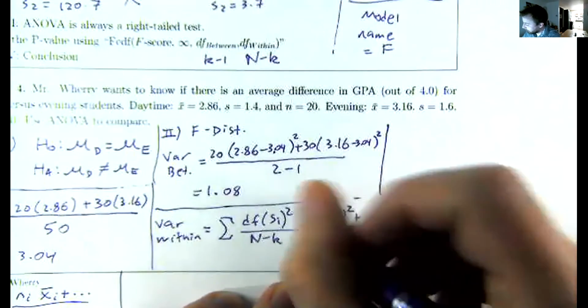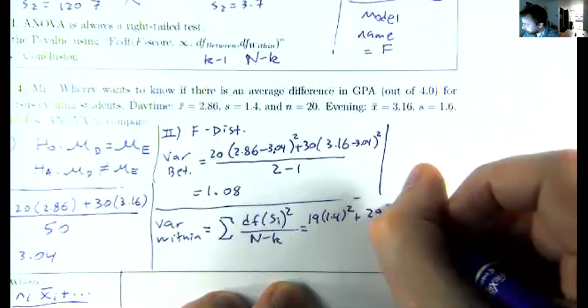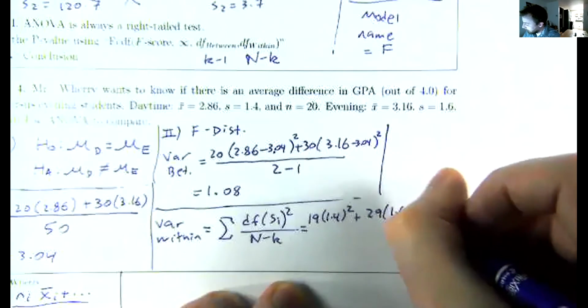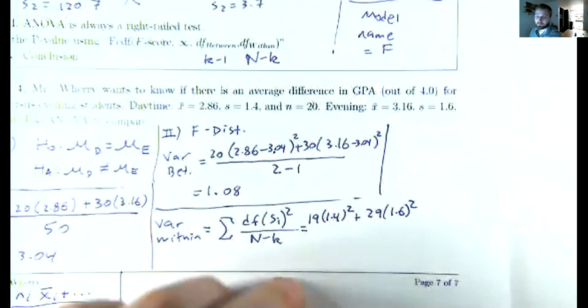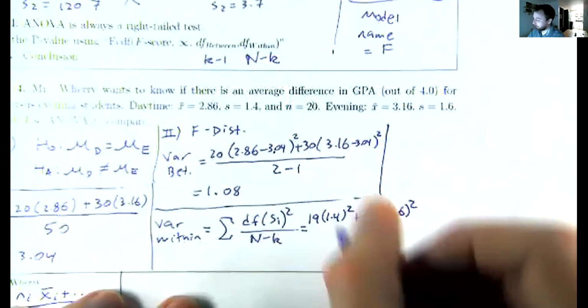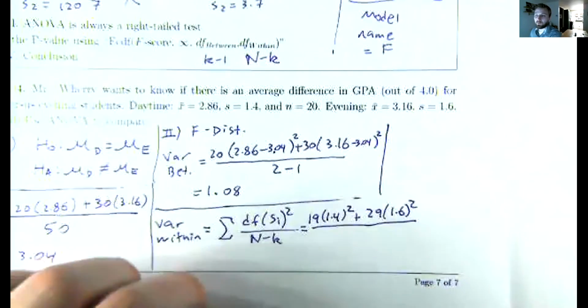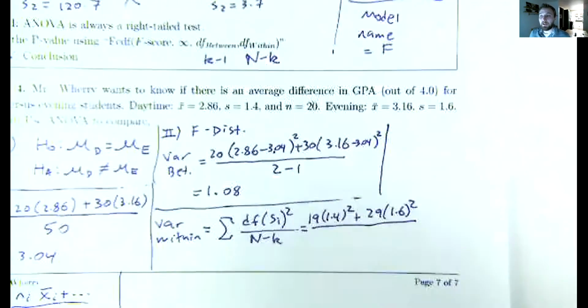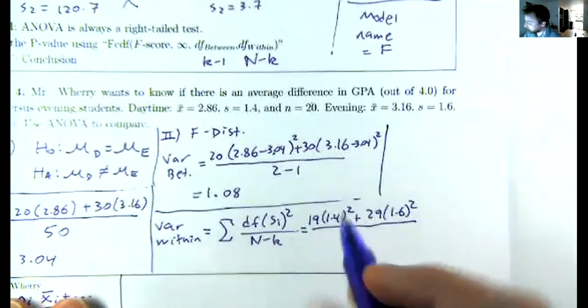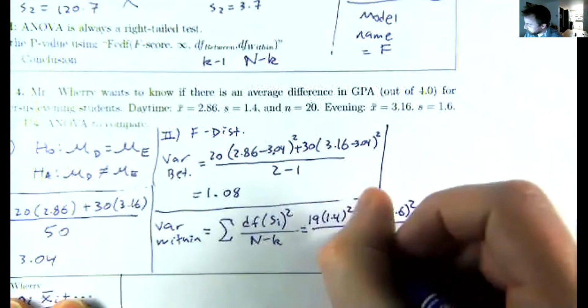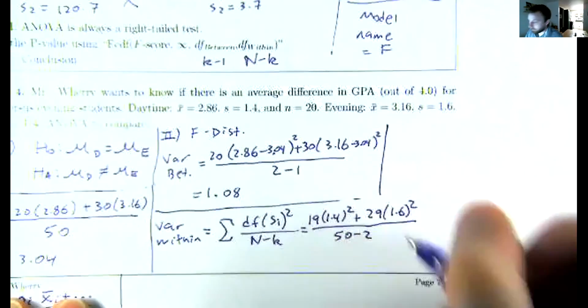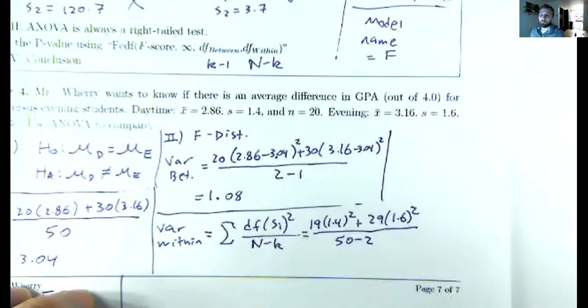Second group, this was out of 30 samples, so that had a degree of freedom of 29. That variance is 1.6 squared. The bottom, I have 50 take away 2 groups. I should get 48. Another way to see 48, I have 19 plus 29, which gives me a total of 48 as that denominator.